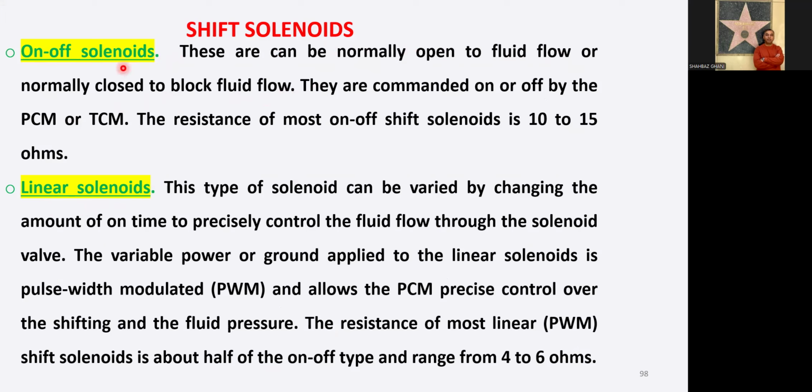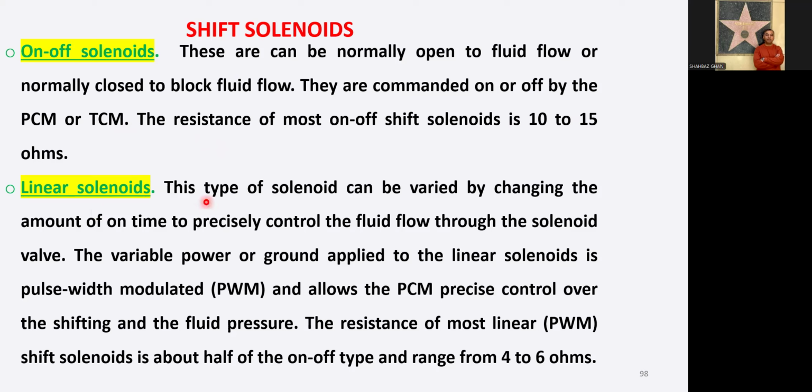The on-off solenoids, which we use as shift solenoids, are commanded on or off by the powertrain control module or the transmission control module. The resistance of most on-off shift solenoids is 10 to 15 ohms. The plunger moves and switches the valve fluid flow on and off.